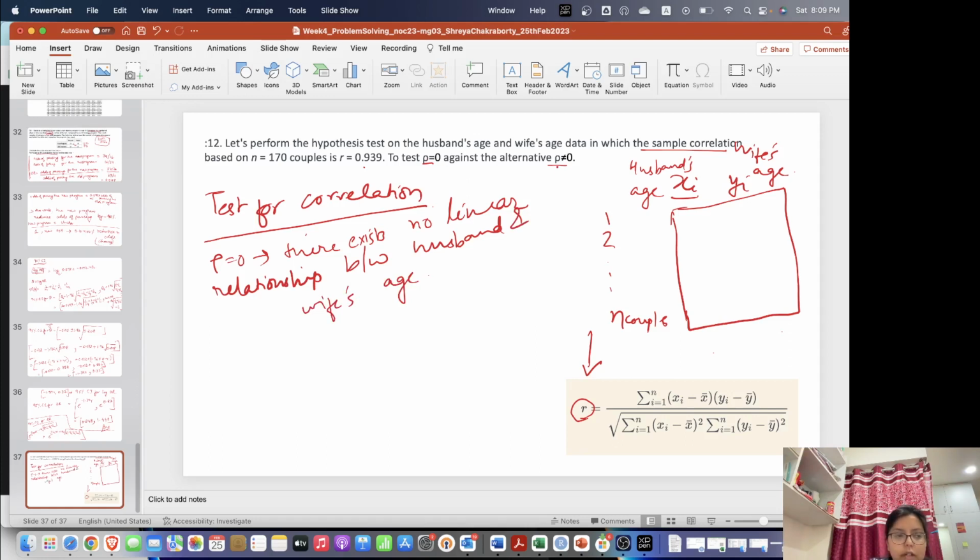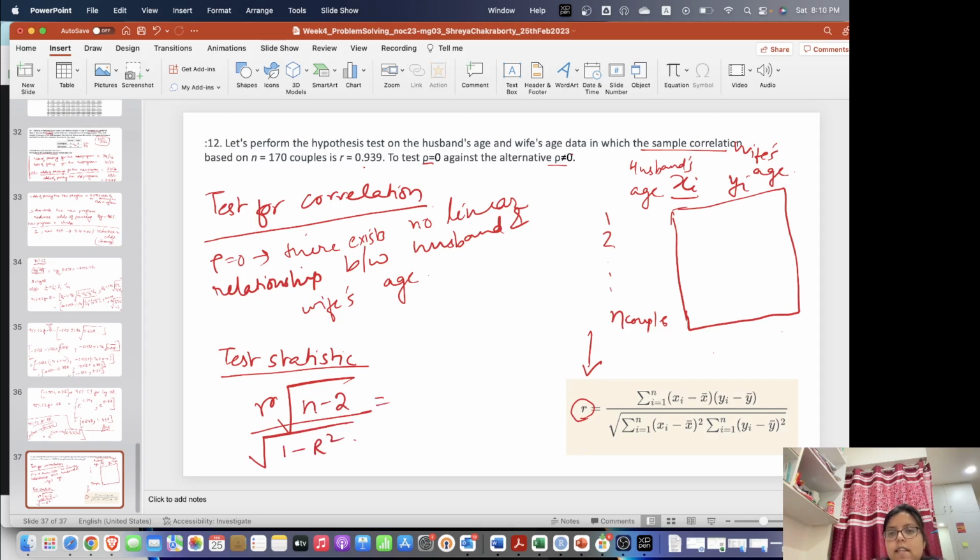So in order to test that, the test statistic is given by r root over n minus 2 by 1 minus r square.